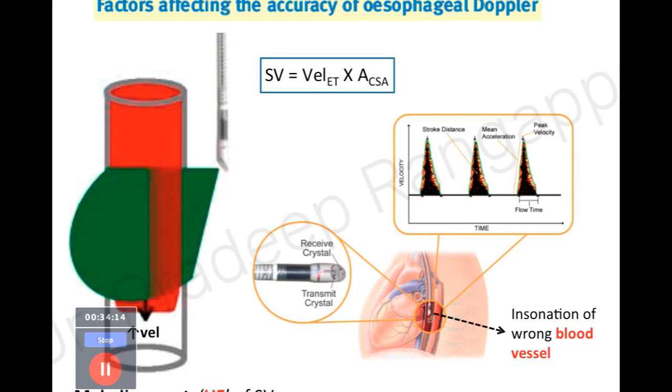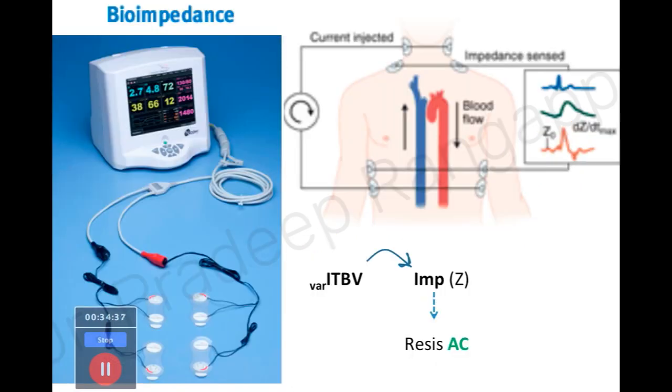Pulse contour analysis also is derived from plotting the area under the curve of the aorta. That is our hypothesis. So even here the aortic blood flow is tracked and ejection systolic time is created. But if you are insonating, say, the internal jugular vein or some other vein, then it will give you a wrong estimation of the stroke volume. That's also reasonably non-invasive, because you just have to put a probe into the esophagus.